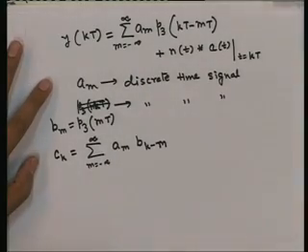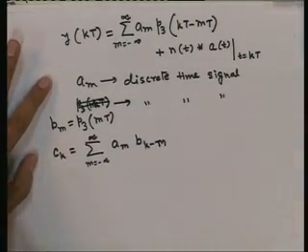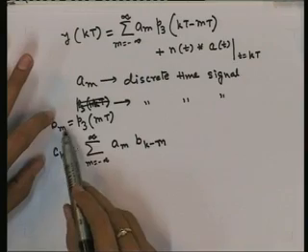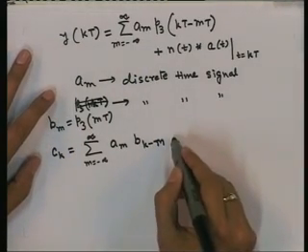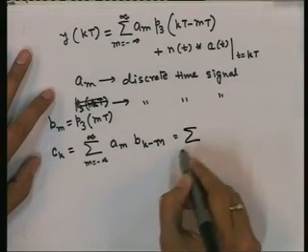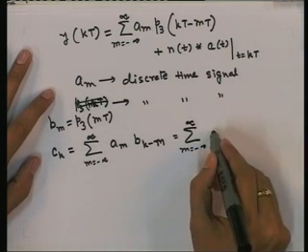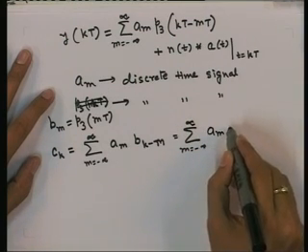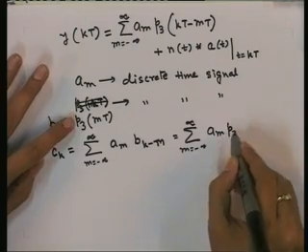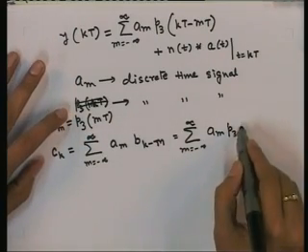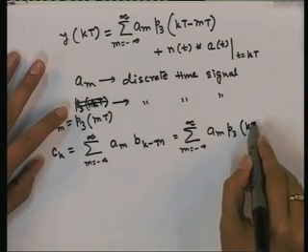Now in place of b_(k minus m) we put P3((k minus m)T).